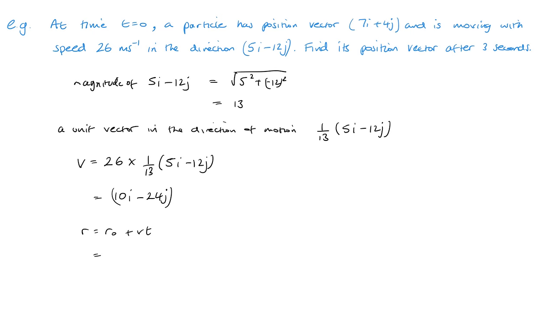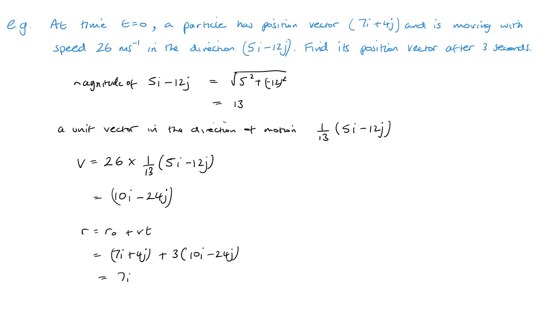R0 is 7i plus 4j, the original starting position, plus, now it's for 3 seconds, so 3 times 10i minus 24j.